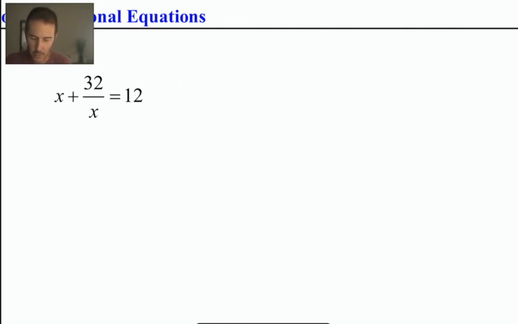If you want to write some little notes, you might take note that the LCD, lowest common denominator, is equal to x, and then we're going to multiply by x. Or if you want, you could write that we're going to multiply by x over 1.